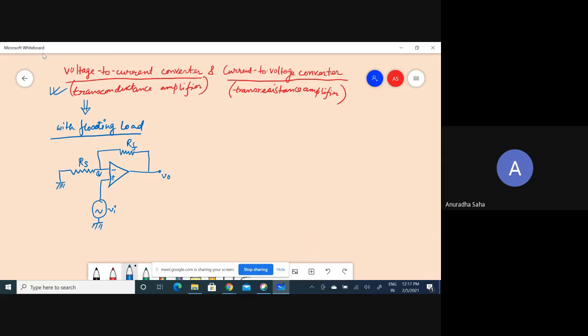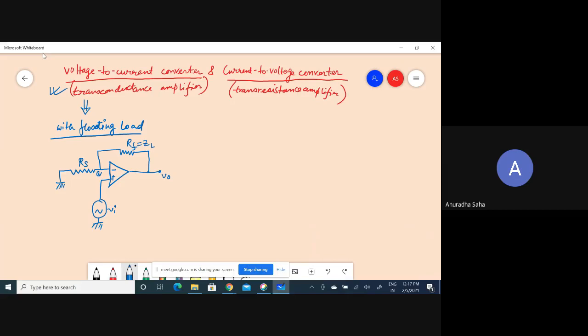Now what does floating load mean? See, this is your load. If I say this is my feedback resistance, this is basically the load. This is basically the load impedance, which I can term ZL.